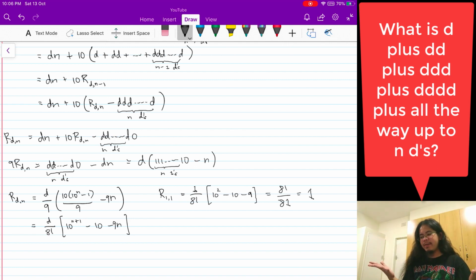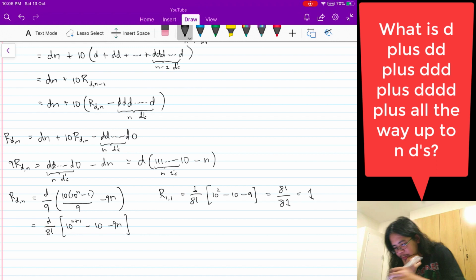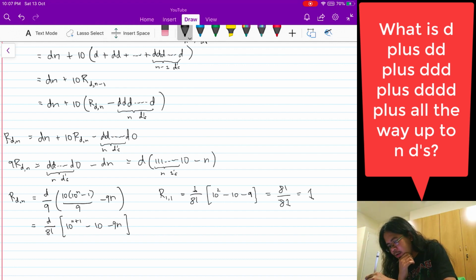So this gives you 81 over 81, which of course is 1. Very trivial. And in fact, if you notice, the one in the square brackets is independent of D. So in other words, we can do something like, let's make it n equals 2. That means you're adding 1 plus 11. So R of the digit 1 and n equal to 2, from our notation, means 1 plus 11.